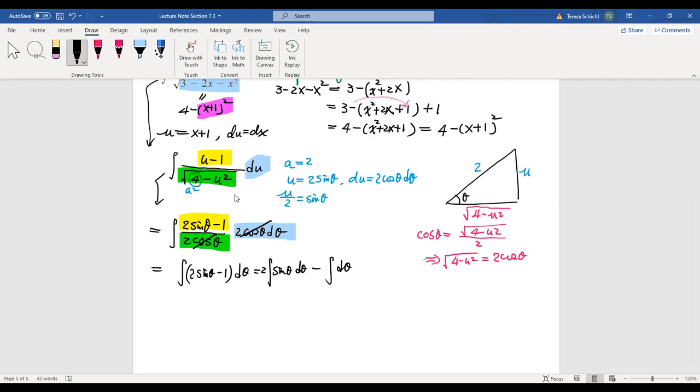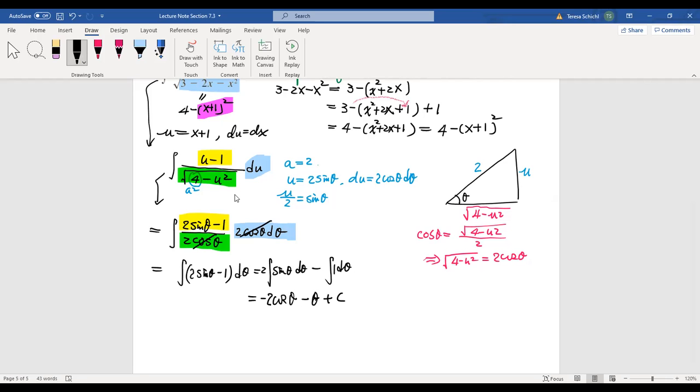The integral of sine is negative cosine, so it's negative 2 cosine theta. And d theta is just 1 times d theta, so this will be minus theta, plus c.